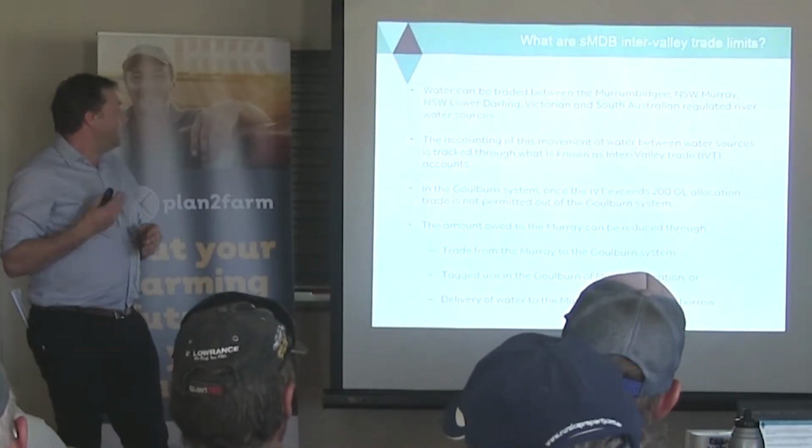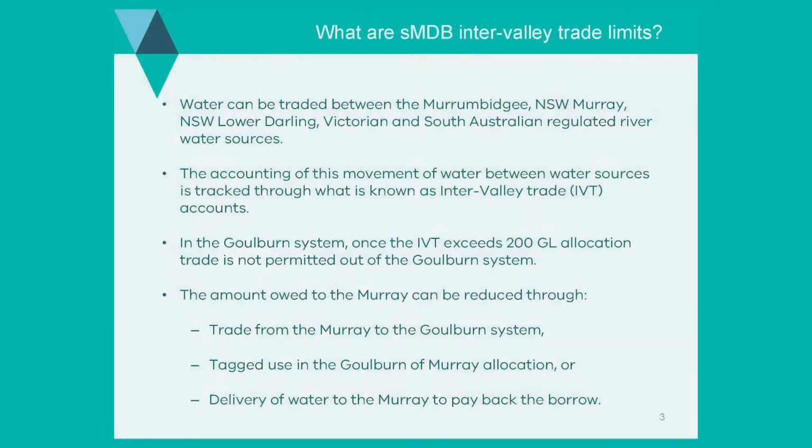Inter-valley limits also apply to the Murrumbidgee, so that's why at times the Murrumbidgee will be open and closed. It's presently closed. You also have limits on New South Wales Murray, Lower Darling and South Australia. As I said, what the IVT does is aggregate up all the credits and debits between one system and the other.